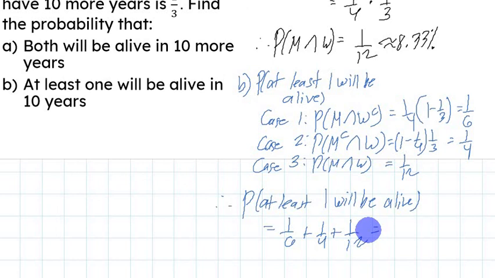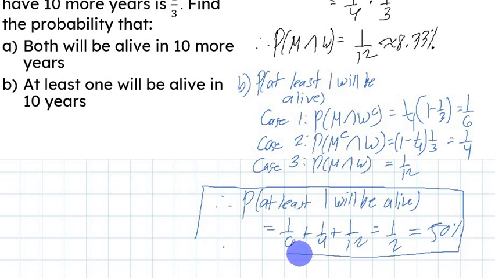And that would be equal to actually 1/2. So there is a 50% chance that at least one of them will be alive, because the other 50% is none of them are alive. Those are examples of independent events.